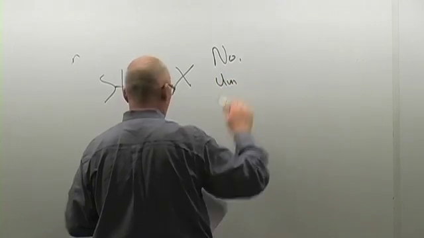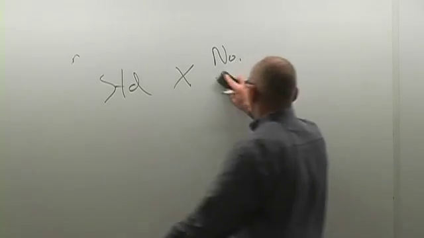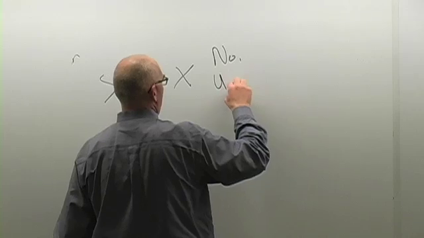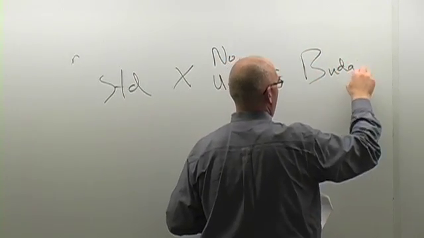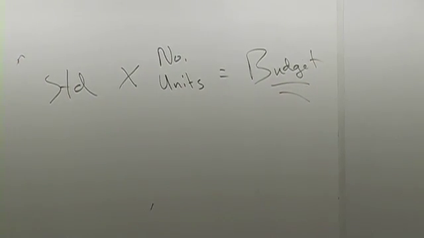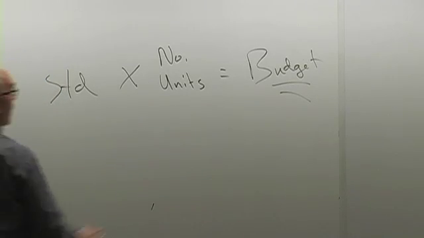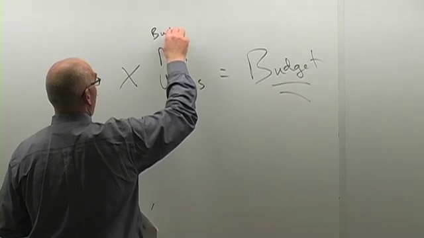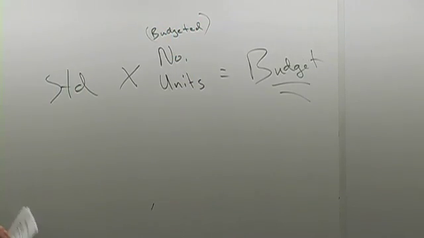Of units equals the budget. Okay, so the standard, because we described a standard as a per unit budget, so the standard times, and this is technically, budgeted number of units equals the budget, right?